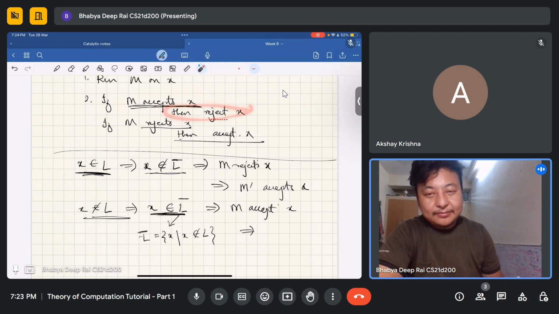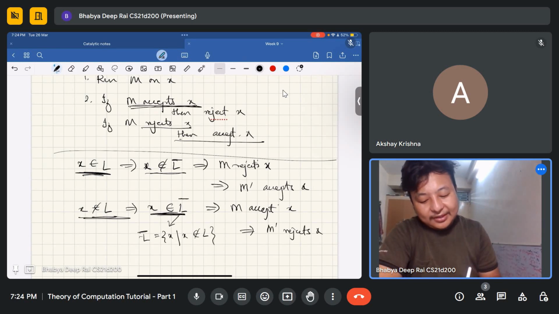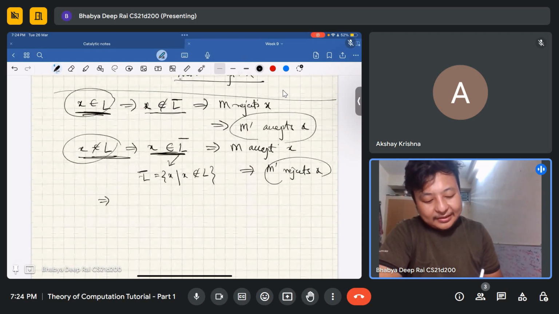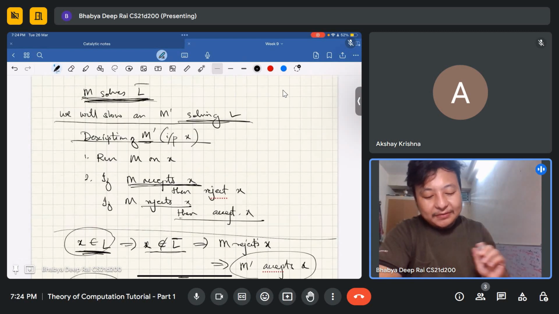Then M prime rejects x. So now see, if x is in L, then M prime accepts x. If x is not in L, M prime rejects x, which means that M prime decides or computes exactly the language L. So we showed an M prime that solves L.